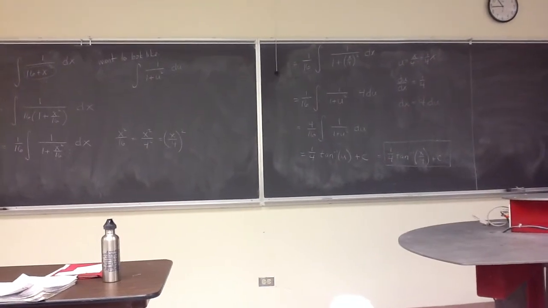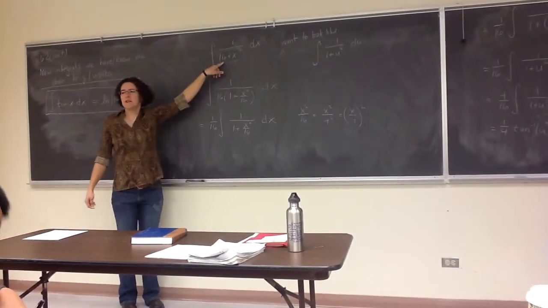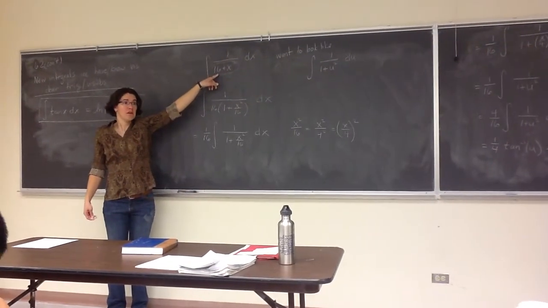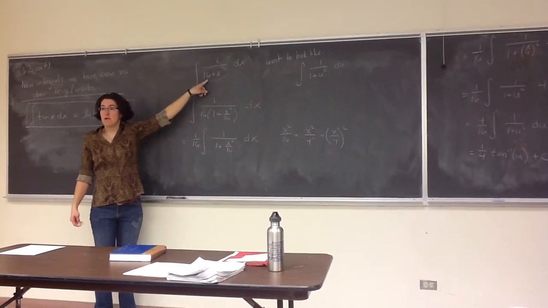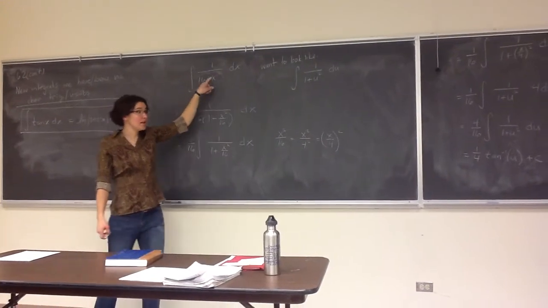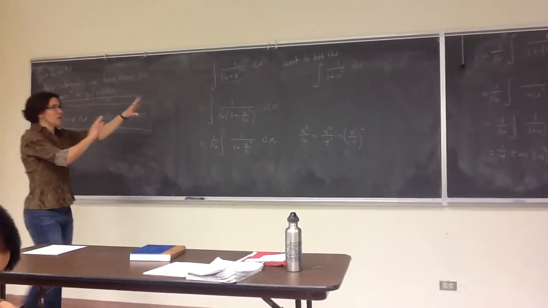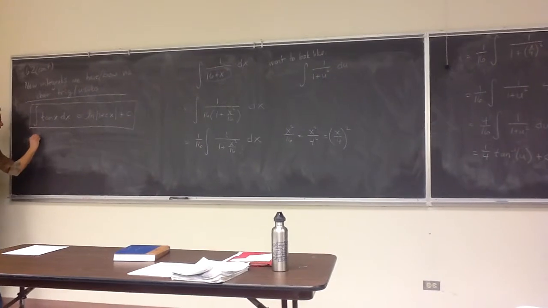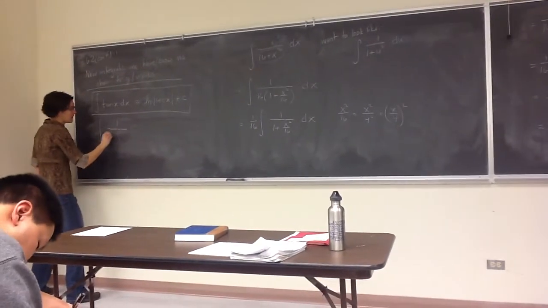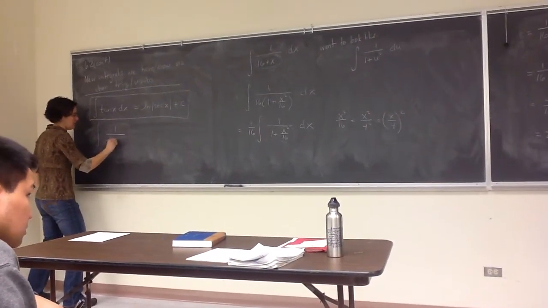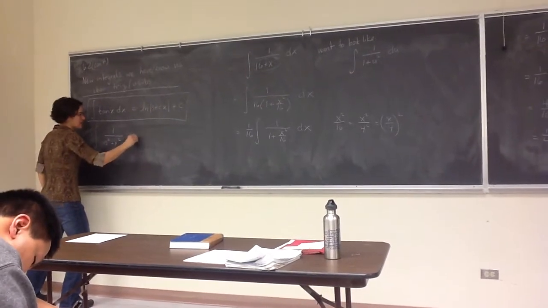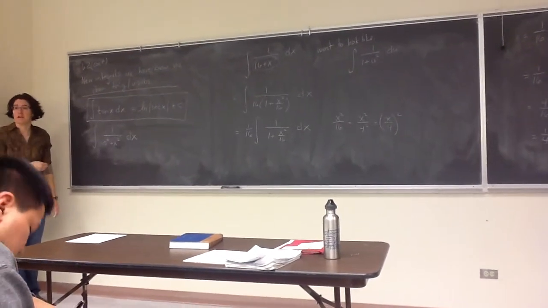Okay, so thinking about this idea can actually work all over the place. This 16, there was nothing special about 16. You can throw any number in there that you want. In particular, you could rethink this as the integral of 1 over any number squared plus x squared dx. So 1 over a squared plus x squared dx.